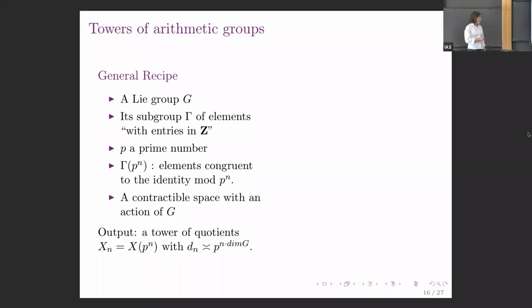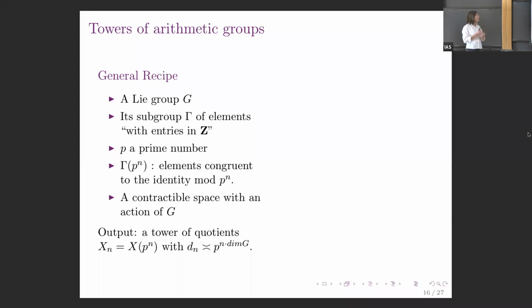Okay, so after the example of SL2Z, we can do this very generally, and this is what I'm going to talk about. So we're now in the second section, arithmetic groups and some conjectures. The general recipe is you take a semisimple Lie group G. If you don't know what it is, it's fine, SL2.